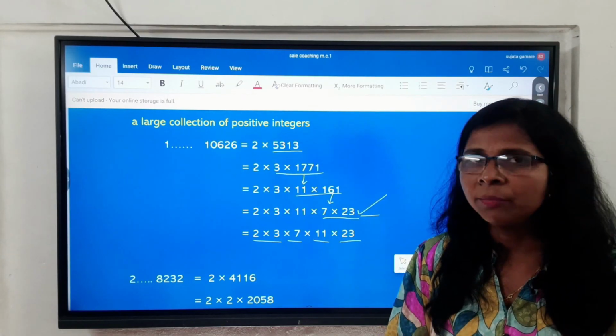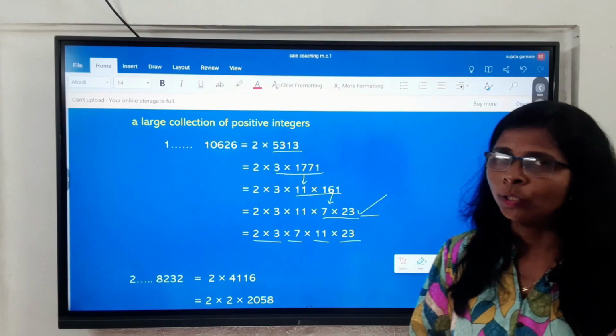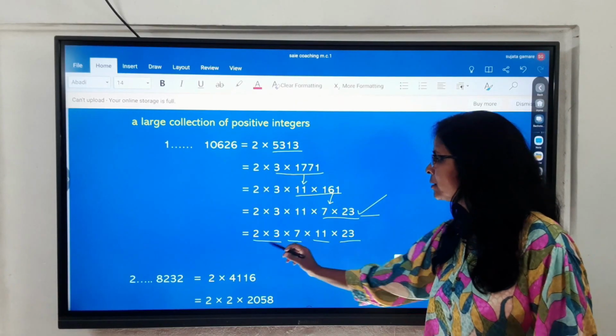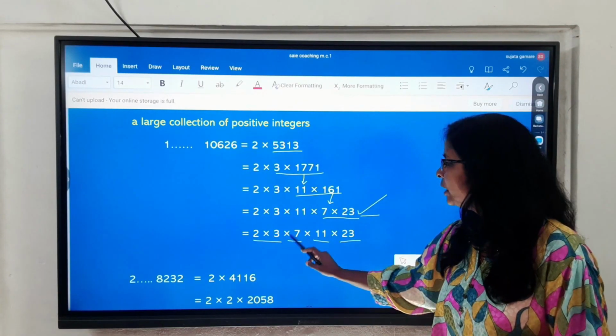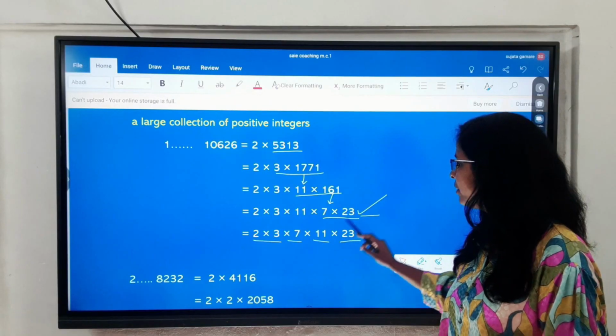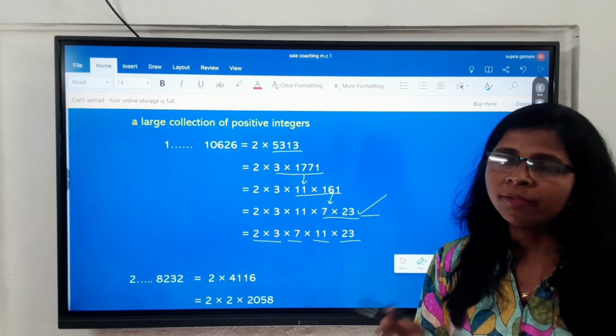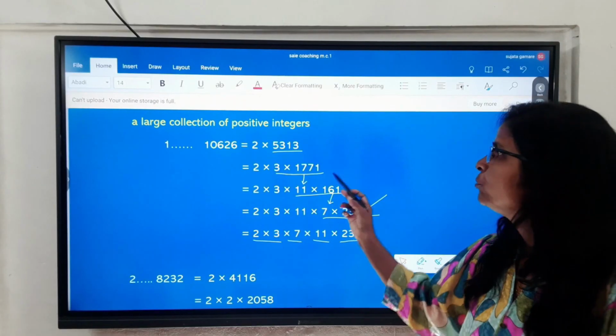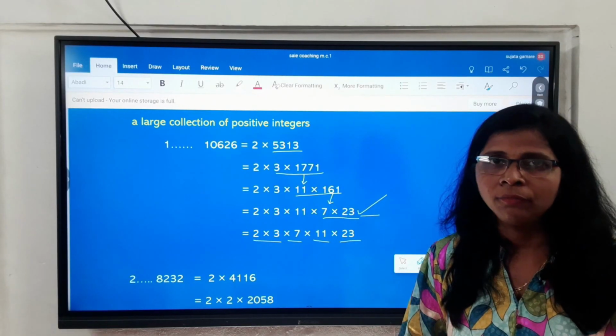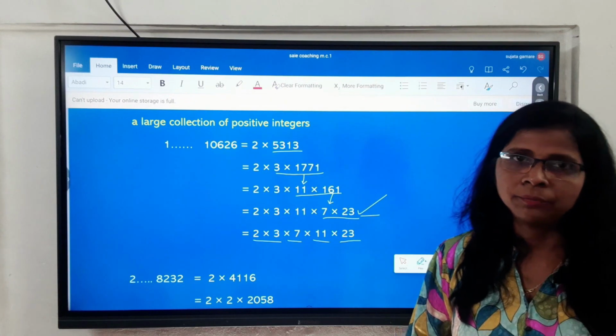I arrange the prime numbers in ascending order. So the last step is 2 multiplied by 3 multiplied by 7 multiplied by 11 multiplied by 23. This way we can factorize 10,626, which is a big number.